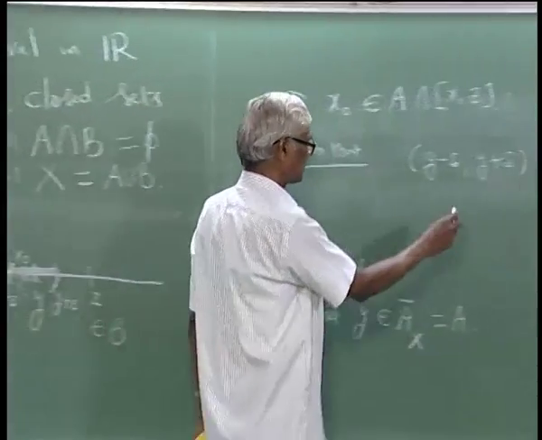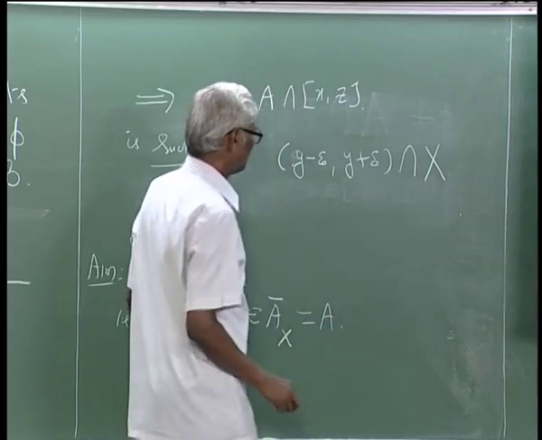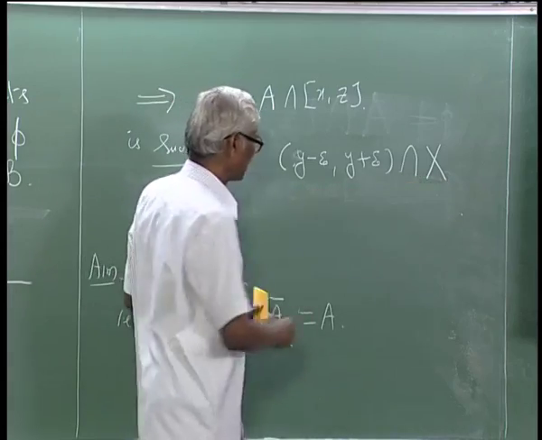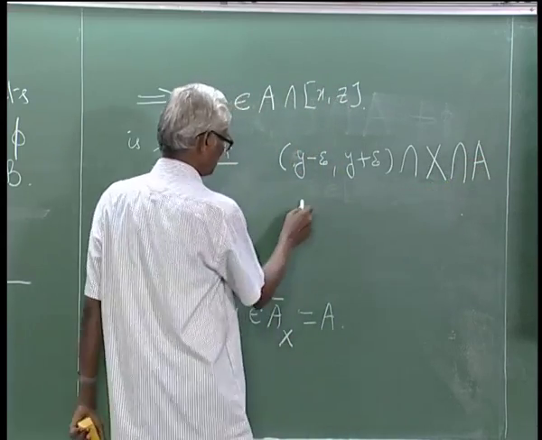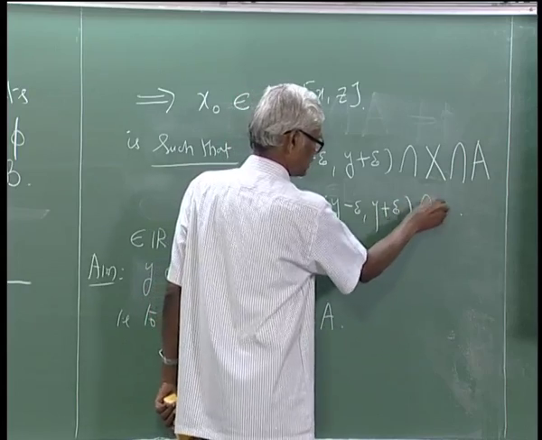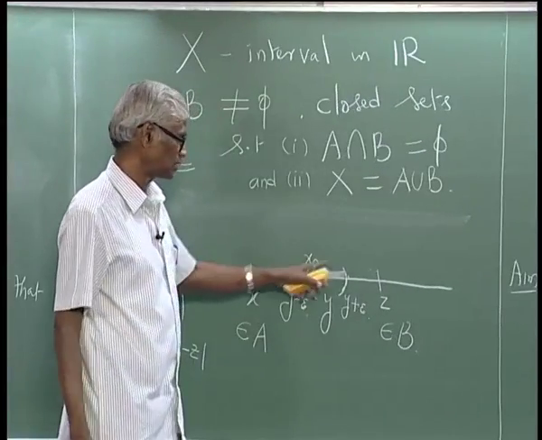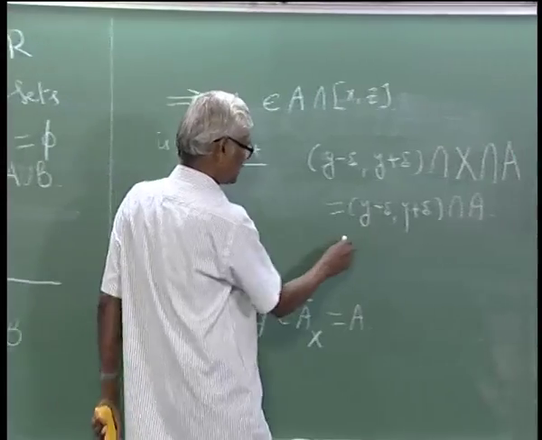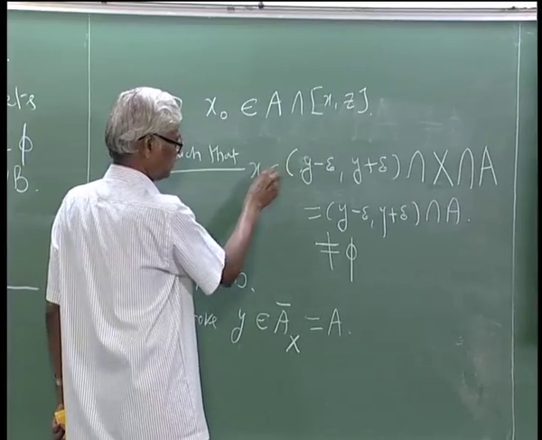In fact, that intersection with X is a basic open set containing y in X, and its intersection with A, but A is a subset of X, means this (y minus epsilon, y plus epsilon) intersection A is non-empty. Since x naught is in (y minus epsilon, y plus epsilon), and also in A, this set is non-empty.